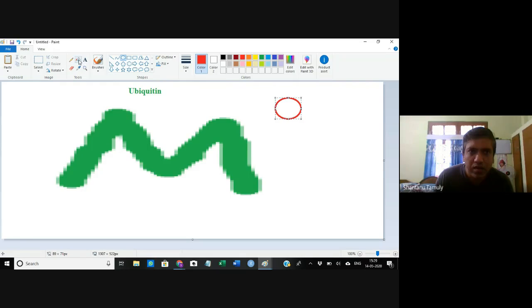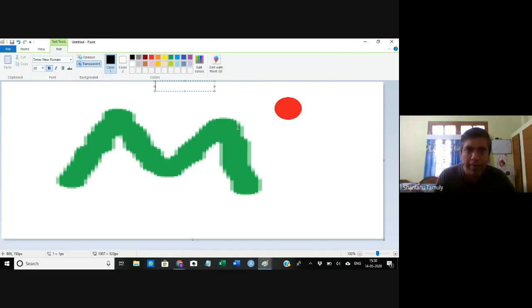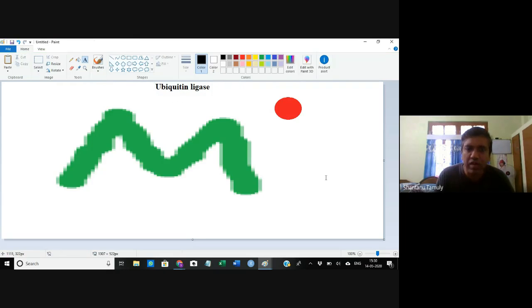Say this is the ubiquitin molecule. With the help of one enzyme that is called ubiquitin ligase, this ubiquitin protein will be placed onto the amino acids which are hydrophobic.